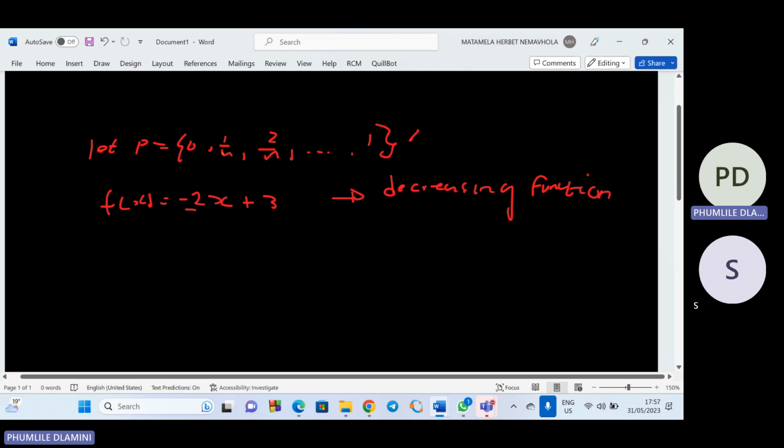Now we also have the change of our xk. If we say x k minus 1 minus xk, you will see that this change is 1 over n. 1 over n minus 0 is 1 over n. 2 over n minus 1 over n gives us 1 over n.